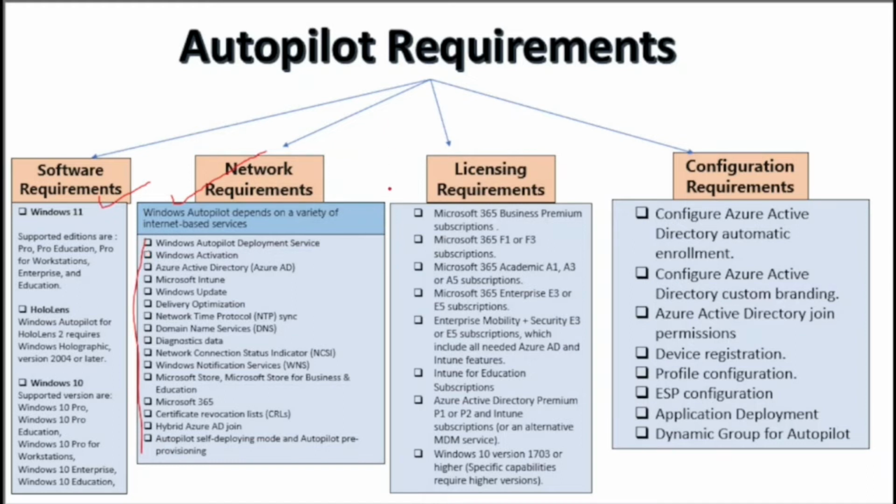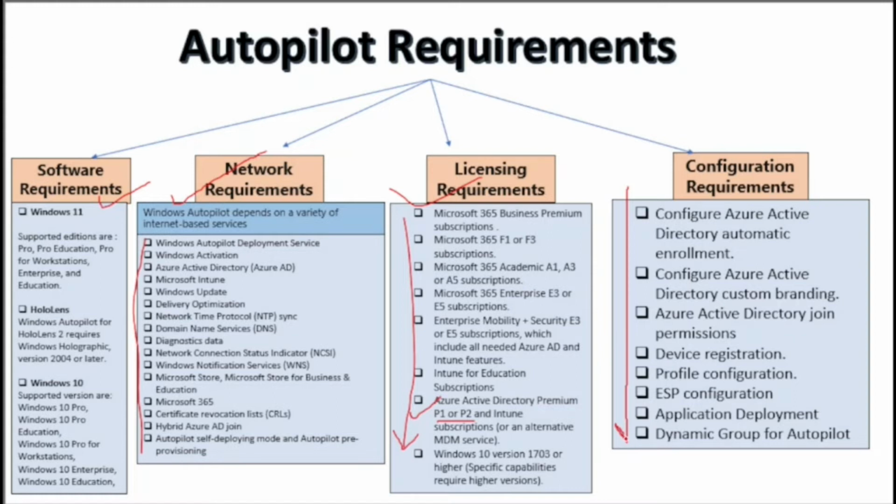With respect to licensing requirements, we need a license so that we can perform Autopilot. The most important point is that we need an Azure Active Directory P1 or P2 license so that we can enable automatic enrollment.